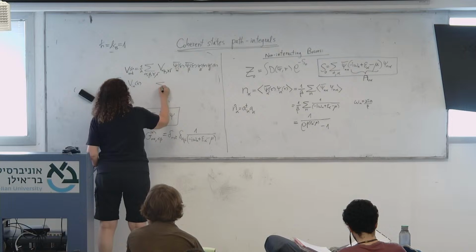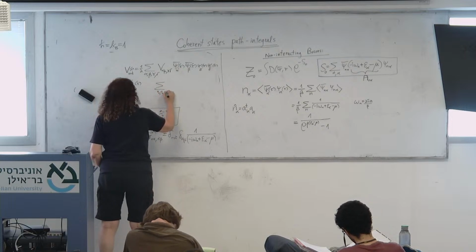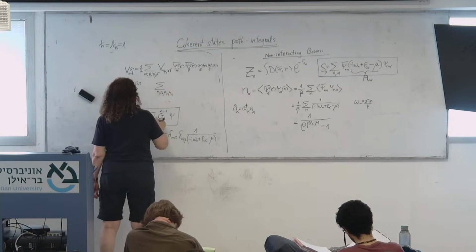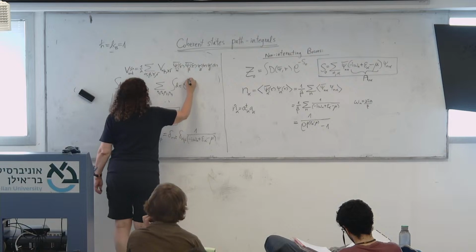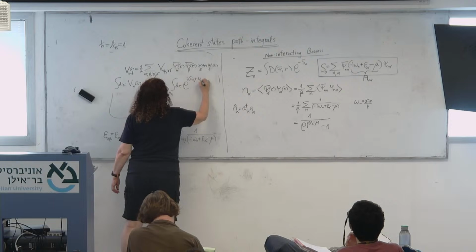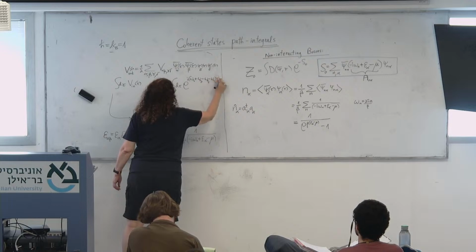So you'll get something like that. You'll get a sum over n, n1, n2, n3, n4, and an integral d tau of the exponent of omega n1 plus omega n2 minus omega n3 minus omega n4 times tau.